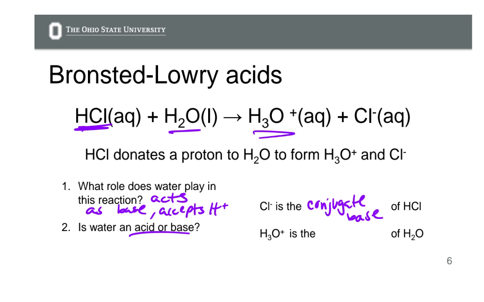And H3O+ is sort of what's left over after water acts as the base. That means that H3O+ is the conjugate acid of water. Okay. So what we're going to see are conjugate acid-base pairs. So in this reaction, water, H2O, and H3O+, hydronium ion, are conjugate acid-base pairs. And then HCl and Cl- are conjugate acid-base pairs.